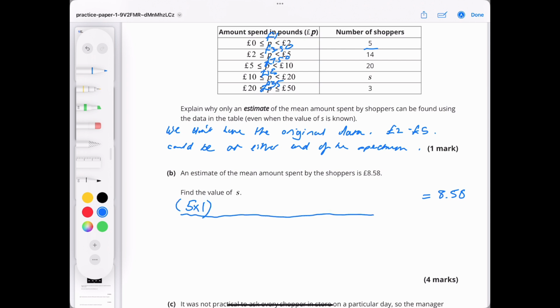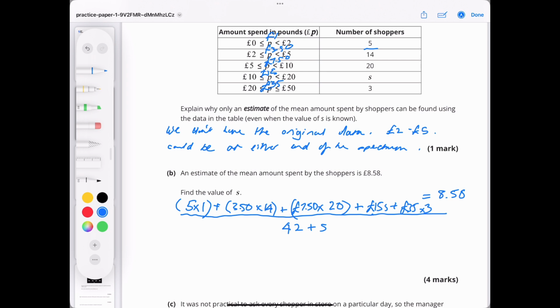I'm going to use brackets even though you don't need to with BIDMAS, but there we go. £3.50 times 14, I can't do it in my head, it's annoying, plus £7.50 times 20, plus 15 times S, or we'll just write 15S, plus 35 times 3. And that is all over, you add up the shoppers, so it's 20, 34, 39, 42 plus S.